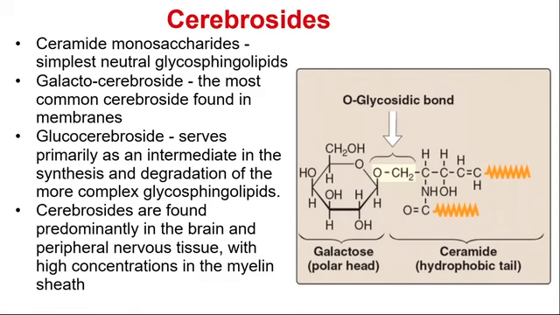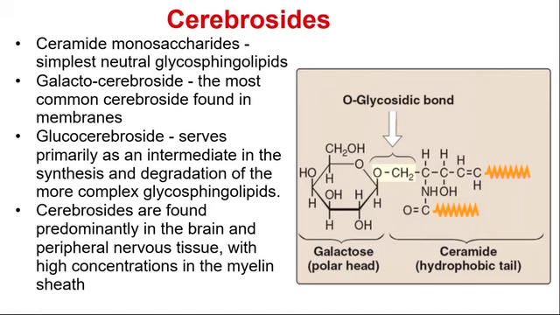Then you have the cerebrosides, which are simple neutral glycosphingolipids. They are made up of sugar and lipid. The cerebrosides are made up of galactose, and they have a hydrophobic tail, which could be a fatty acid.